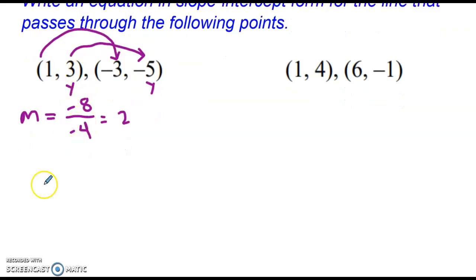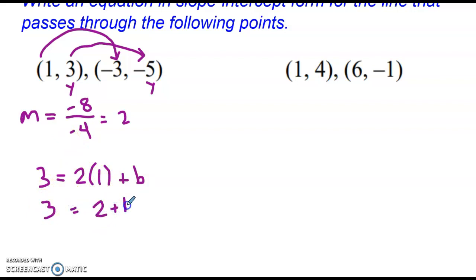So I'm going to plug in a y value. 3 equals mx, 2 times my x value 1, plus b. And now we're just going to solve for b, and we'll have our answer here. So this is going to be 3 equals 2 times 1 is 2 plus b. Subtract 2 from both sides, and we just get b is equal to 1.